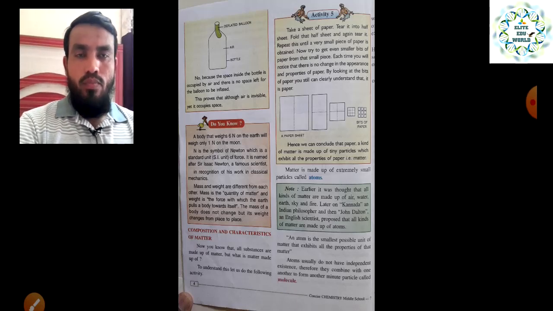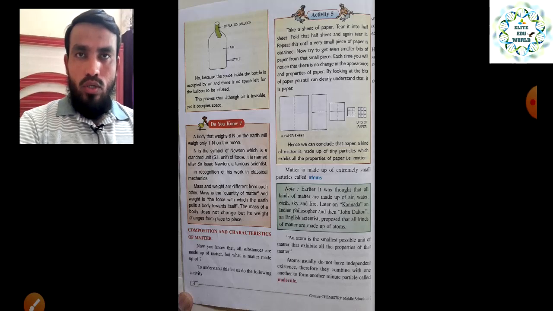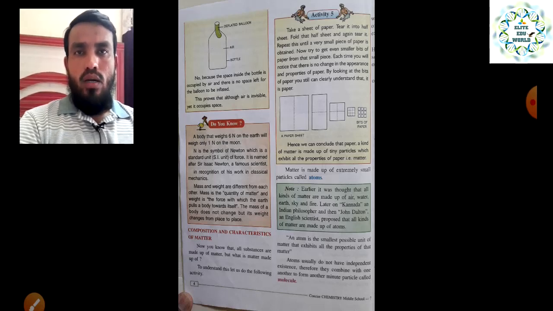Then we saw that matter is made of molecules, and molecules are made of atoms. An atom is the smallest quantity of matter, whether it is solid, liquid or gas. We have said that any molecule or atom has all the characteristics of the matter of which it is made.